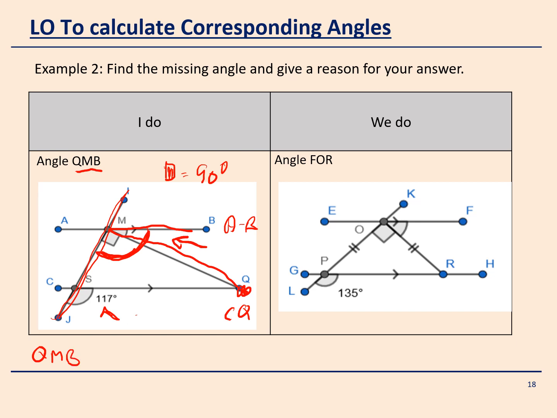So what we'll do is we'll say that QMB, so BMS, all of it is 117, and if we take away 90, it's 27 degrees. Okay, so you have a go at the next one.